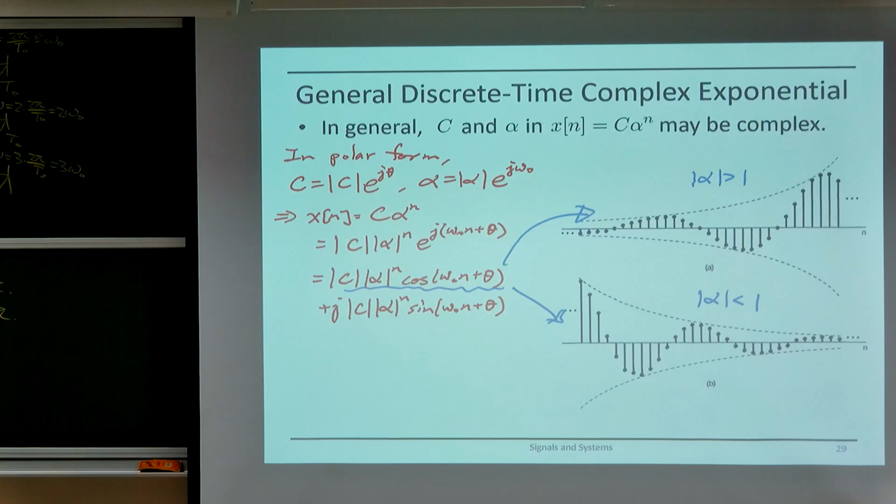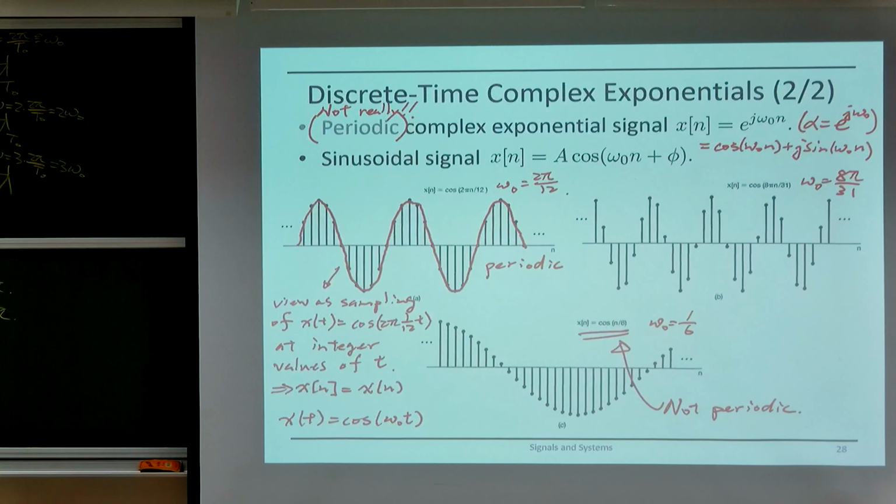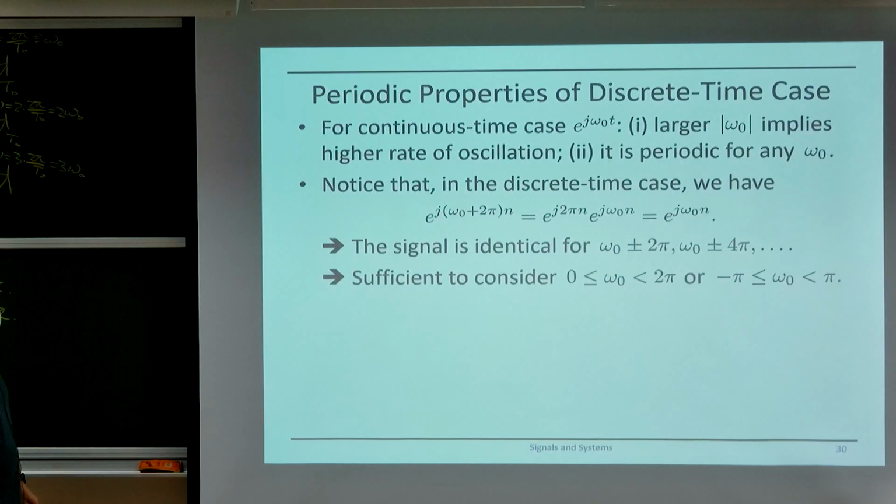Now we can look at the periodicity of this discrete time complex sinusoid a little bit more carefully, because this is the main part that differentiates continuous time from discrete time. If you recall, in continuous time, when you have this complex sinusoid e to the j omega naught t, we know that the larger this frequency omega naught is, the higher the rate of oscillation.